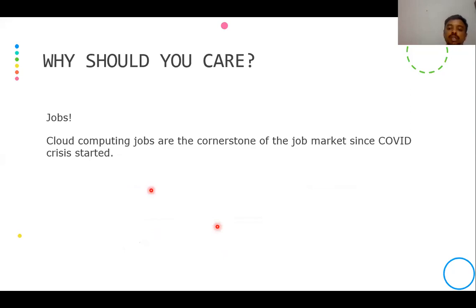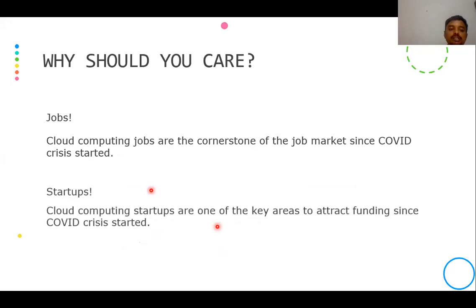The other aspect of this is startups. If you're somebody who's not interested in working for somebody else and you want to start something on your own, cloud computing startups are the rage, right? There's a lot of investment, again, with most startups losing investment during the COVID crisis.